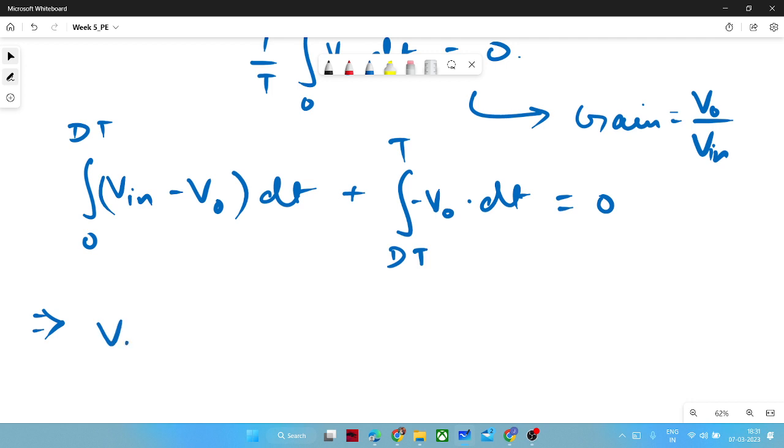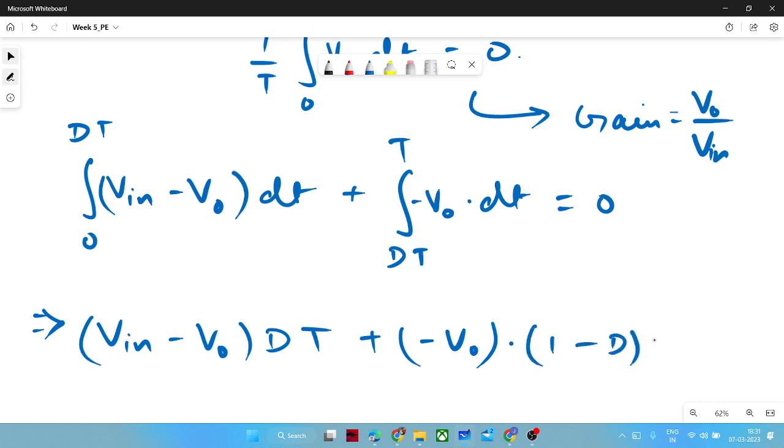If you integrate it, you will get V in minus V naught into dt plus minus V naught into (1 minus d) into t is equal to 0.